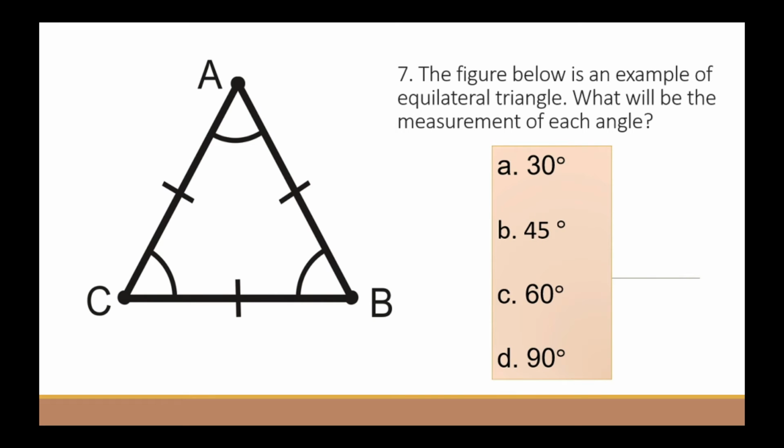Number 7. The figure is an example of equilateral triangle. What will be the measurement of each angle? Letter A, 30 degrees. Letter B, 45 degrees. Letter C, 60 degrees. Or letter D, 90 degrees.